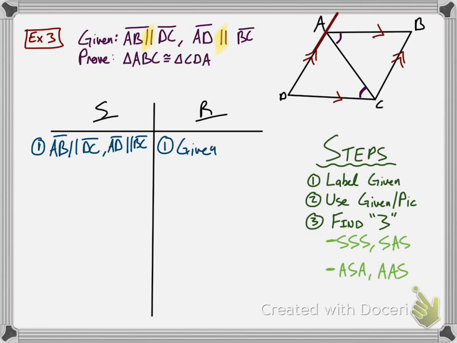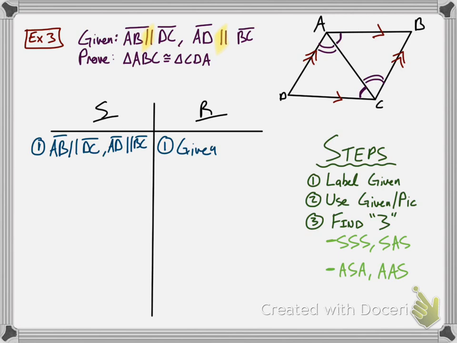And we can also use the second pair of parallel sides along with that transversal to say that the angles DAC and BCA are congruent as well. And both of those are using that alternate interior angles theorem that we saw in the first example.